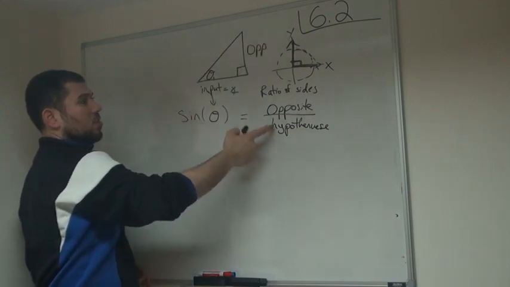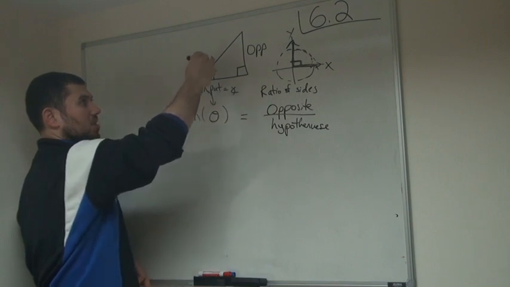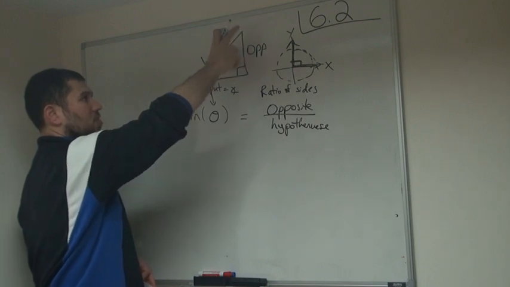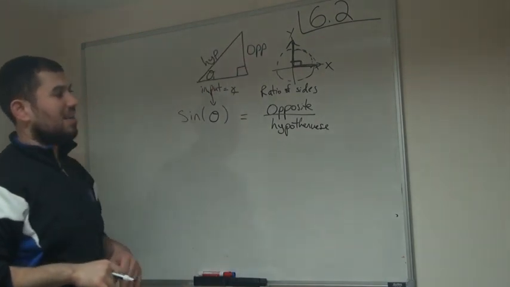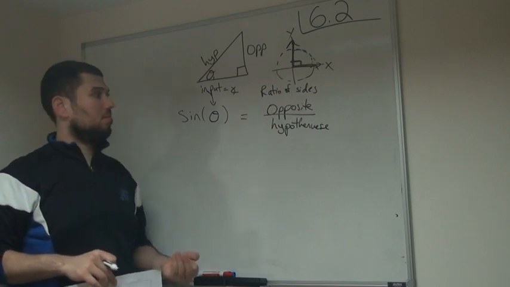The hypotenuse is always the side opposite the 90 degree angle. It is the longest side. So if I took this side measure and divided it over that, I would have the sine of the angle.